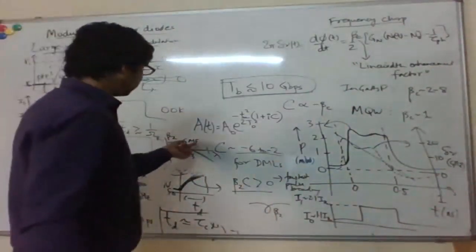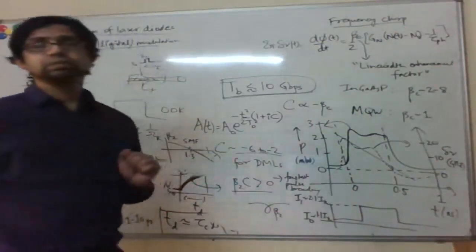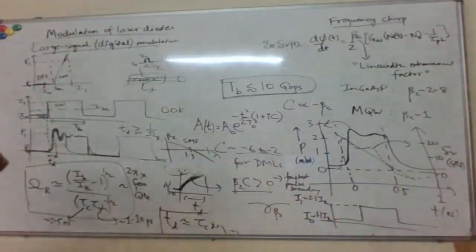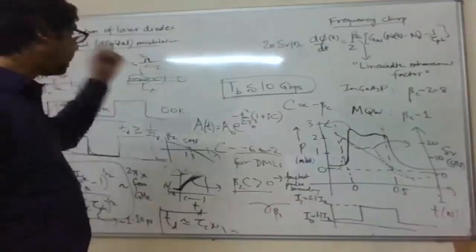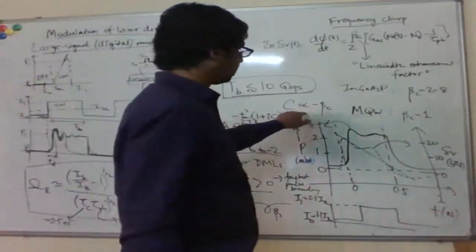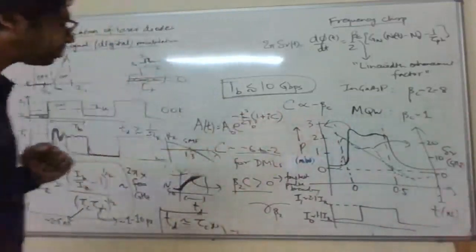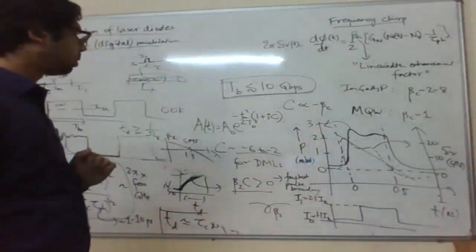So basically for this fiber, you can see that a negative C is actually bad. So again, for high data rate long haul links, we actually don't use direct current modulation, again because of this chirp factor also. Also, your data rates are limited, as we saw, below 10 gigabit per second.